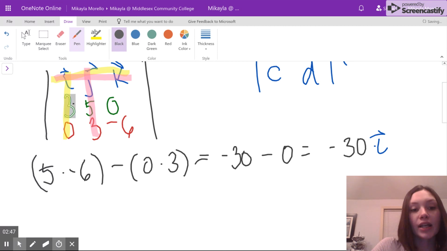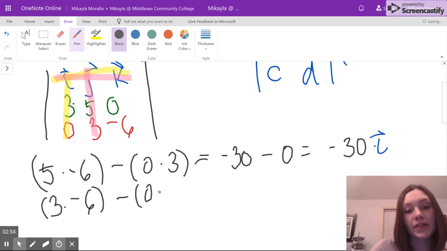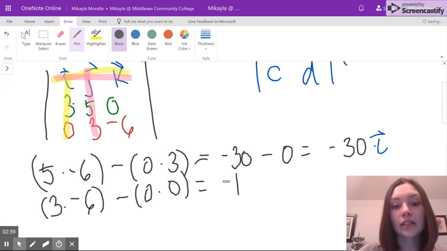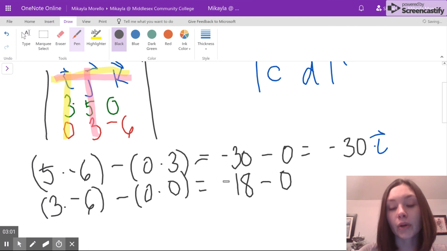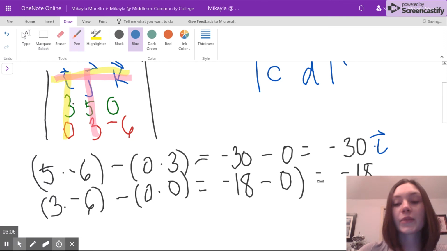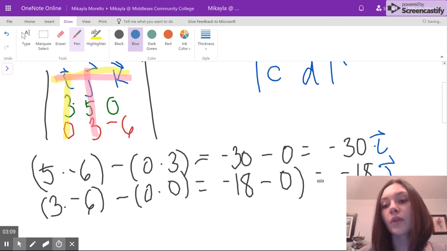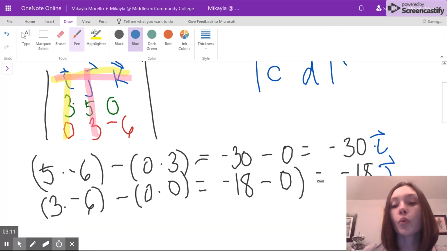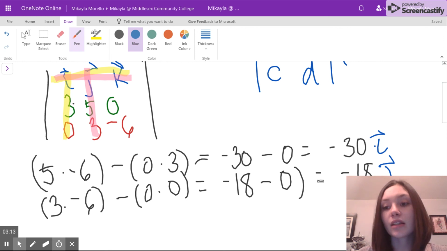So 3 times -6 minus 0 times 0 equals -18 minus 0 again, which leaves us with -18 times j. Now the only thing we have to remember about j is that we have to add a negative sign to it. So it's basically like multiplying by a -1. So if we have -18 times -1, it's going to leave us with a positive 18j vector.